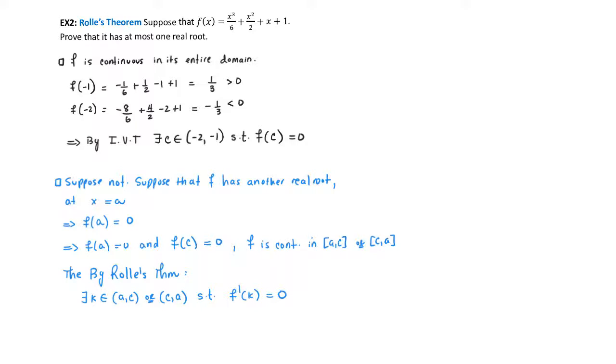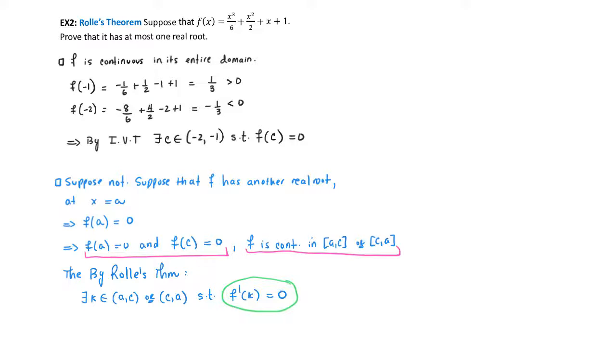This is what Rolle's theorem allows us to conclude, given that we have this satisfied and we have this satisfied. Then Rolle's theorem says that the derivative at some number k must be equal to 0.